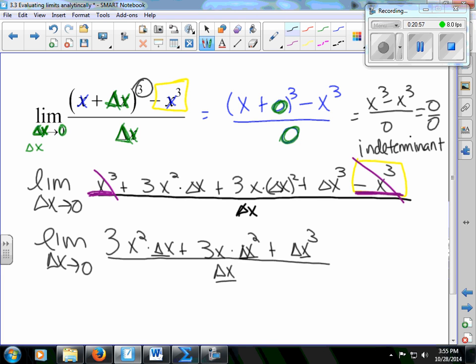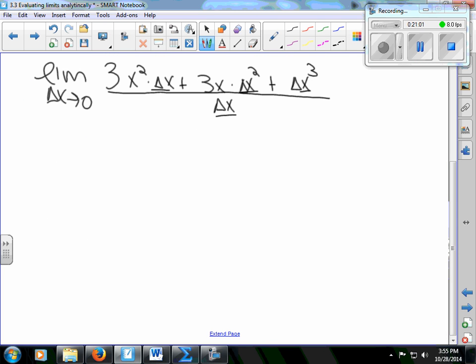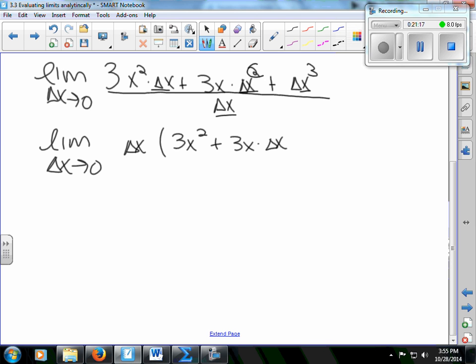I have not canceled the 0 divided by 0 part. But do you see that there's a delta x in every term of the numerator? I can factor that delta x out, which is what I'm going to do now. If I factor a delta x out, I'm left with 3x squared from my first term, 3x from the second term, and then one delta x that didn't get factored out because that was a squared.